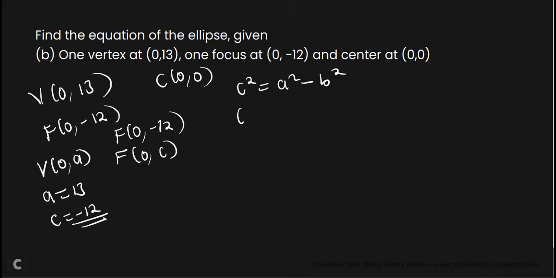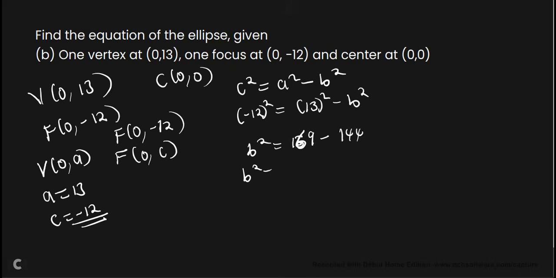So what is your C? Negative 4 squared equals your A, 13 squared, minus B squared. Then this negative B squared will go this side. That is 169 minus 16. Then what is your answer in that situation?